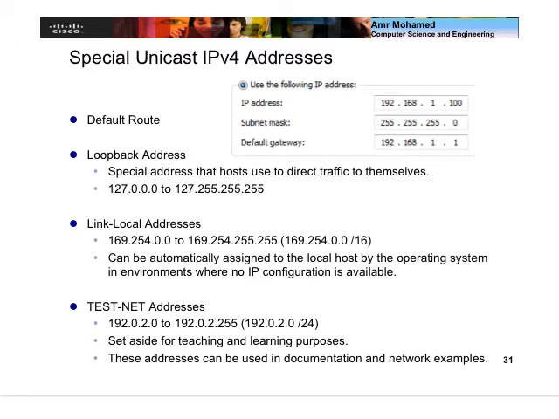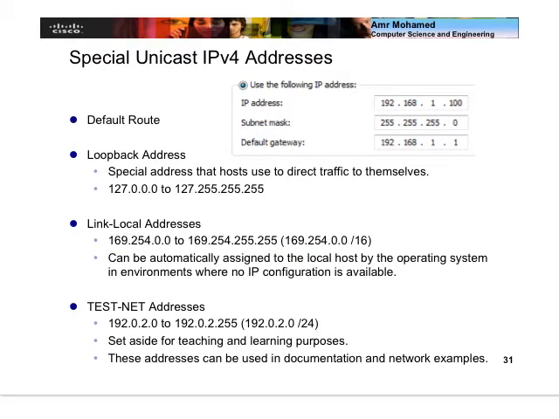By connecting to what? To the DHCP, right? So what happens if the DHCP is down or there's something wrong with the DHCP and you cannot get to it? So in that case, the operating system will assign to you an IP address in that range.